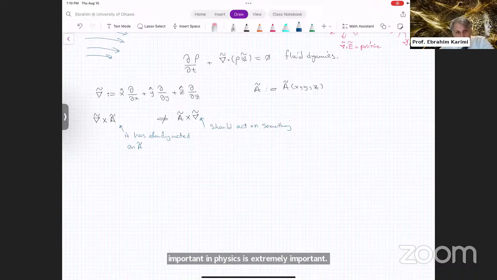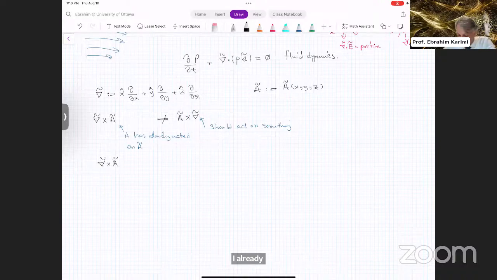Out of the scope, okay. So look at the gradient cross product of A, the curl of A, and let's do the calculation. So how do you do the cross product?